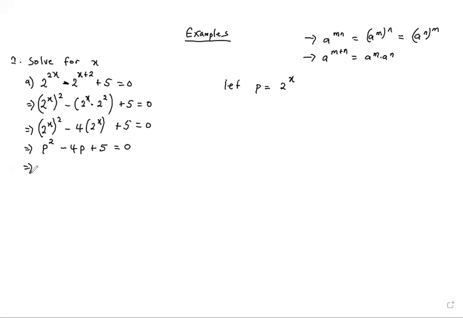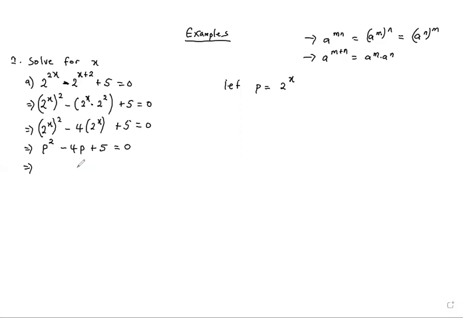The product is 5 and the sum is -4. So we can use +1 and -5. No factors here. So I was thinking there could be factors, no factors, because the 5 is positive.